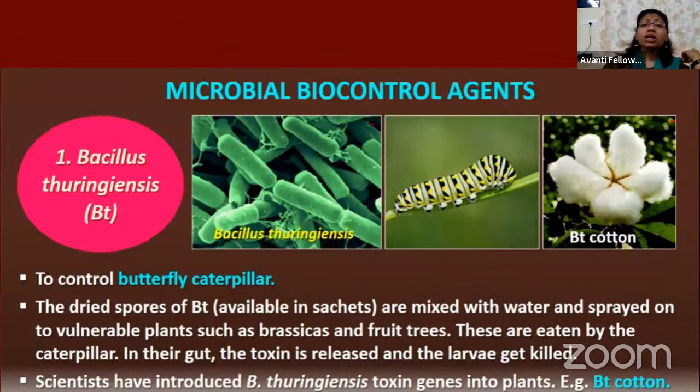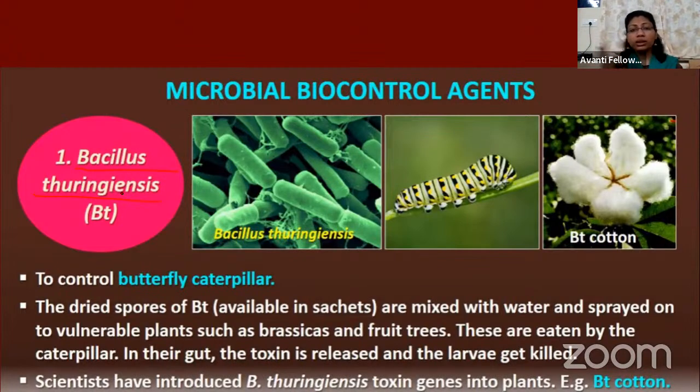Okay, so the first microbial biocontrol agent is Bacillus thuringiensis, BT. You are very aware of this BT term. We have done it in biotechnology. BT cotton was there, BT maize was there, right?